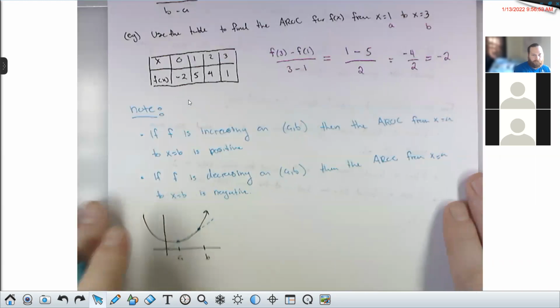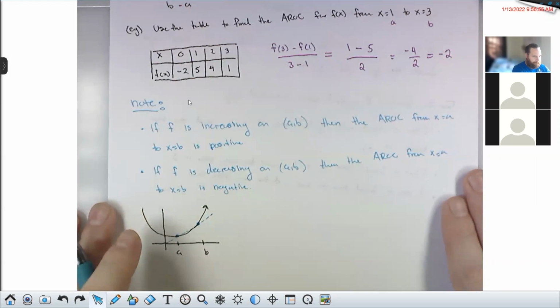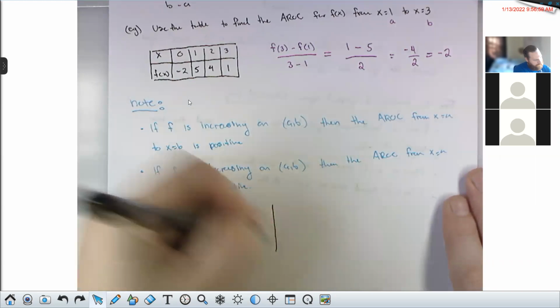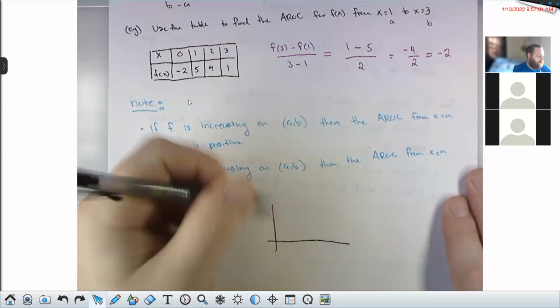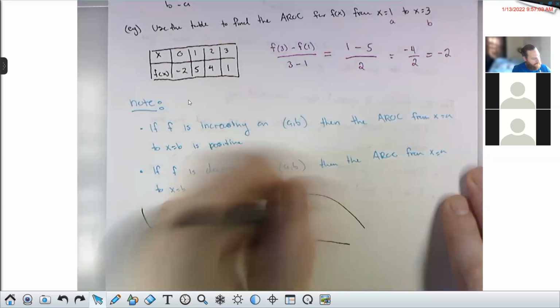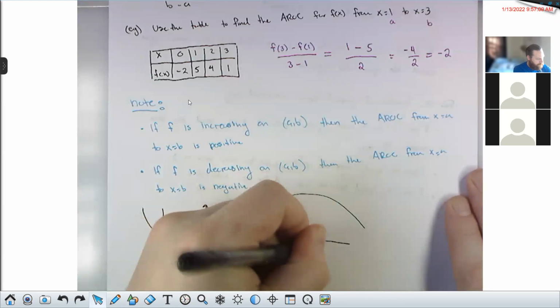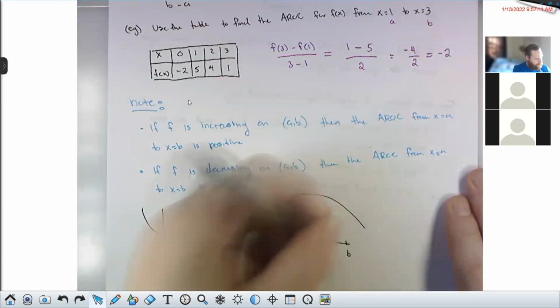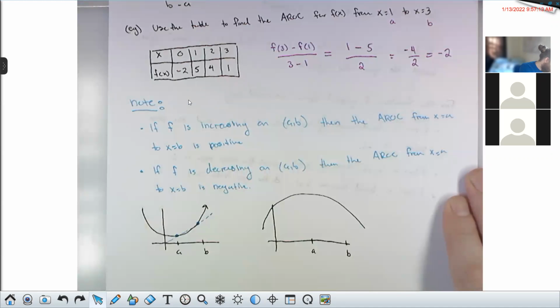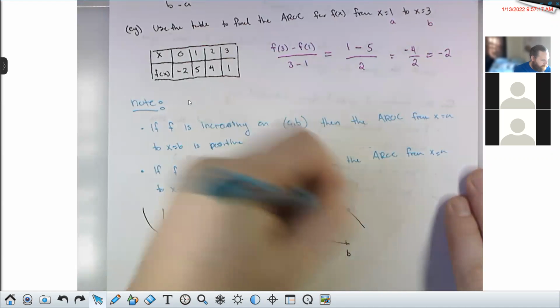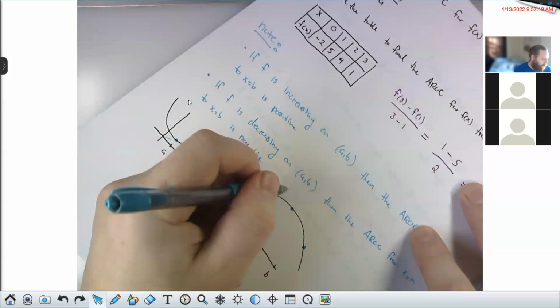That will be a necessarily positive slope. And if your function is decreasing from the average rate of change will be negative.